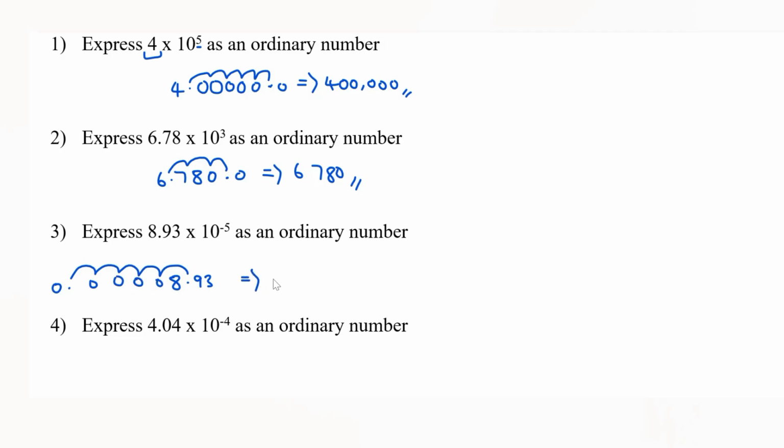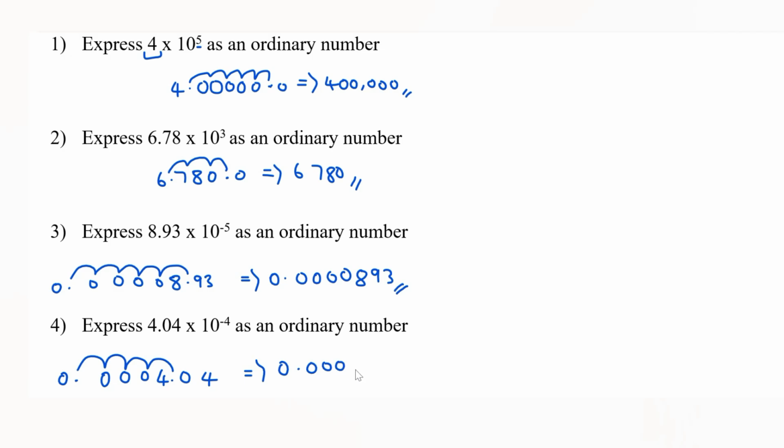That will give us a final answer of 0.0000893. For the last one, 4.04, we're moving this decimal point 4 places to the left. Giving us a final answer 0.000404.